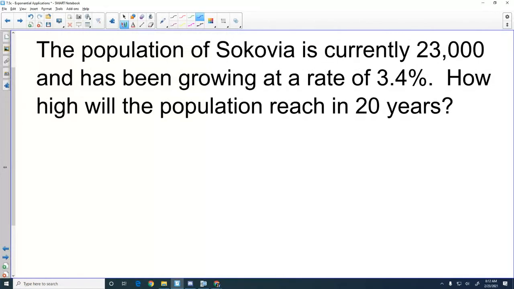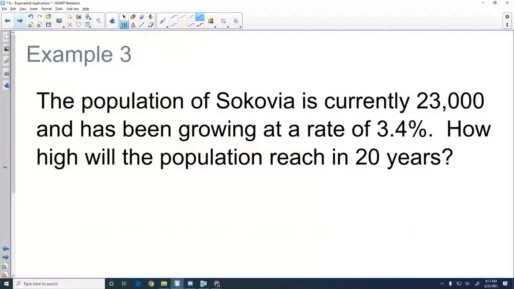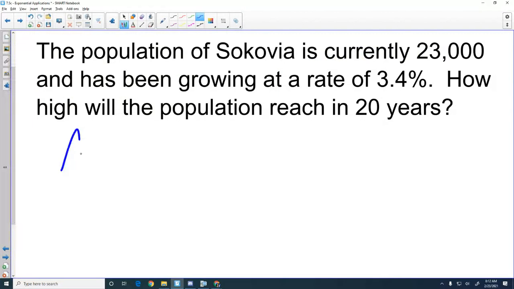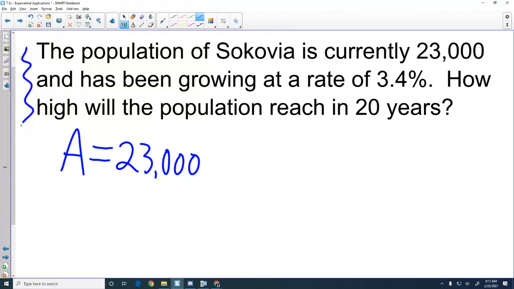So do we use A? A equals P, just like it was in our earlier formula, that's still just the starting amount. These exponential equations are all the same format. The starting amount would be 23,000 times e. Now, is there a number somewhere in this word problem where I can find e?